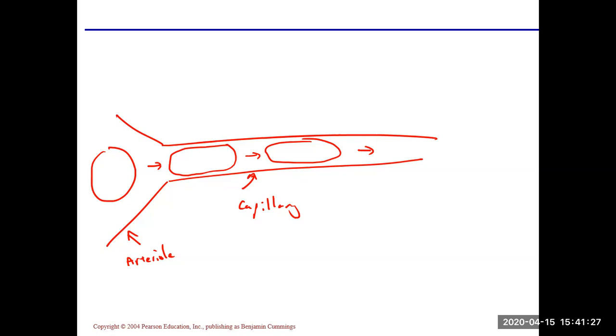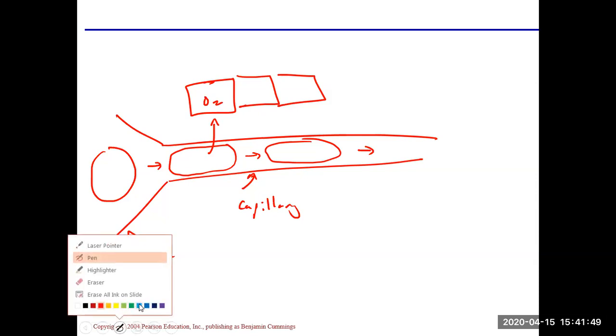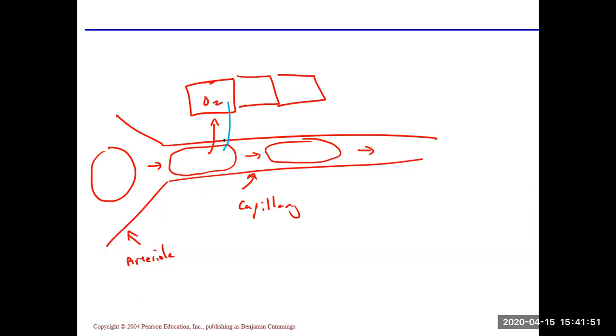In the capillary, only one red blood cell at a time can pass through. Because they come into contact with the wall and are going very slowly, that allows them to exchange oxygen with the tissues, for example. These are the cells of the tissues. So oxygen can go in here, and carbon dioxide can come out and be carried away.